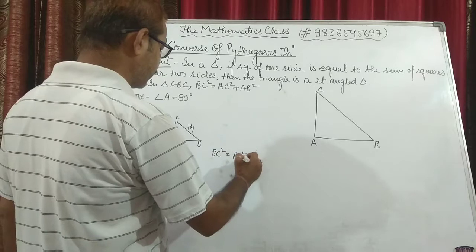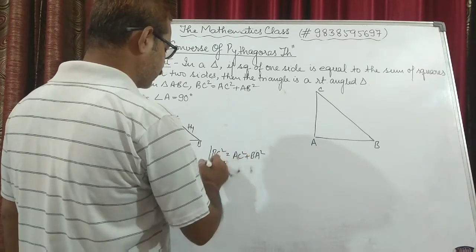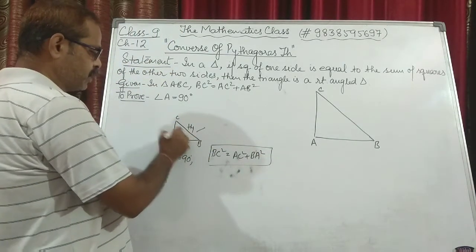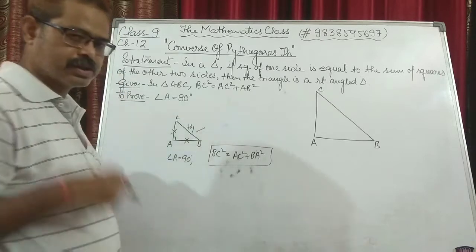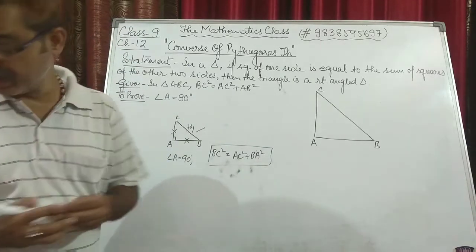So BC square is equal to AC square plus AB square. This was the Pythagoras theorem. Now what is the converse?